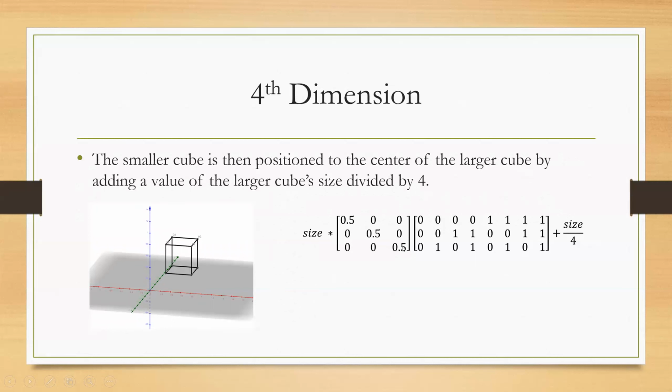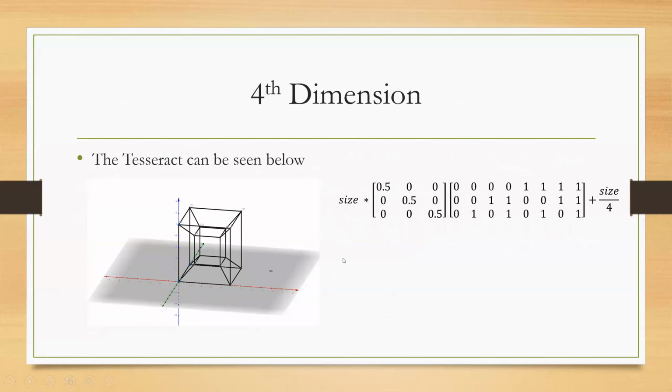Finally, the smaller cube is positioned to the same center as the larger cube by adding the value of the larger cube's size divided by 4. The final tesseract could be seen here with the final equation for achieving the inner cube.